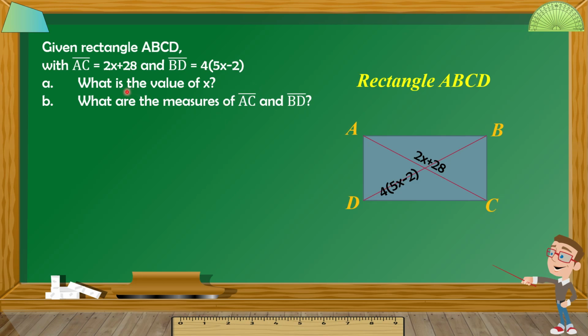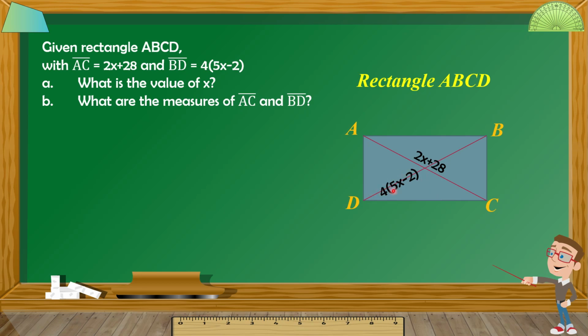What is the value of x and what are the measures of diagonal AC and diagonal BD? Si diagonal AC, may expression daw siya na 2x plus 28, at diagonal BD, may expression na 4 quantity 5x minus 2. Yung pinapahanap dito is, ano daw yung value ng x and ano daw yung haba ng mga diagonals natin.